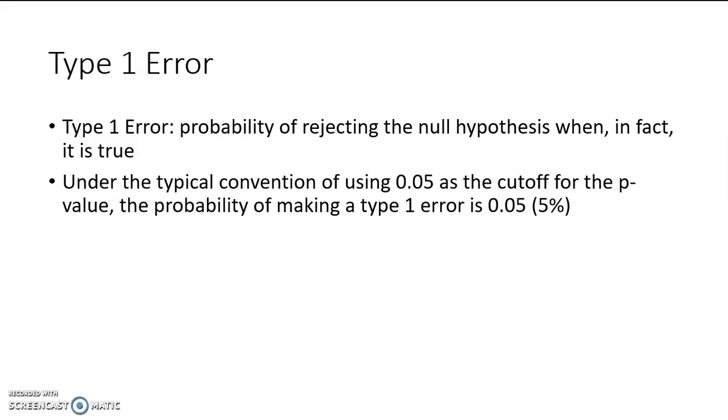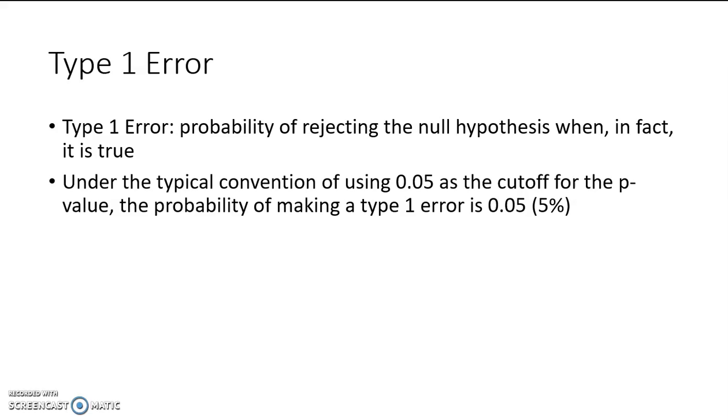In fact, 5% chance means 1 out of 20 times you're going to get a sample mean that extreme if you were to repeat this multiple times. And so you have a 1 out of 20 chance of rejecting a true null hypothesis. So the type 1 error rate, therefore, is 5%, using the typical convention of 0.05.